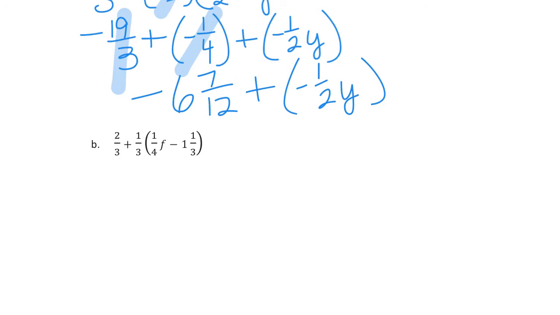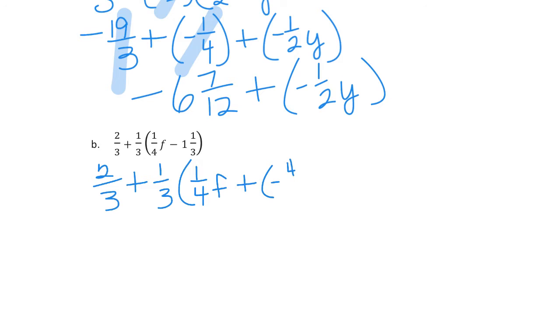On the next one, I've got one place to change subtraction to addition. So I have 2/3 plus 1/3 times 1/4 f plus a negative 4/3 there.